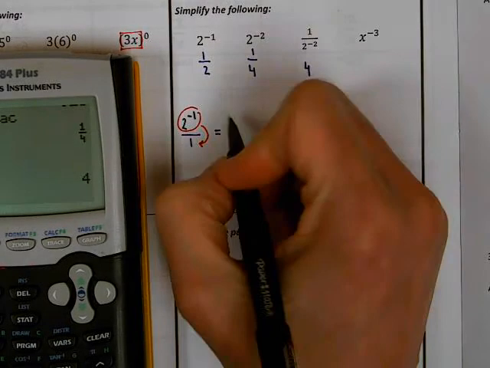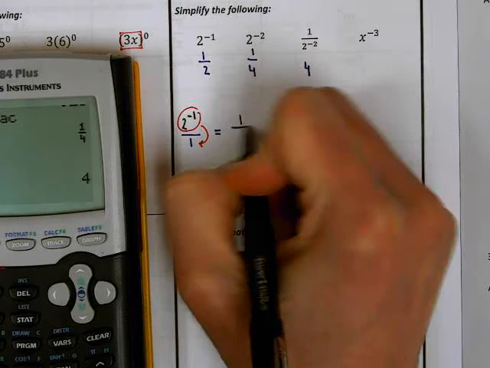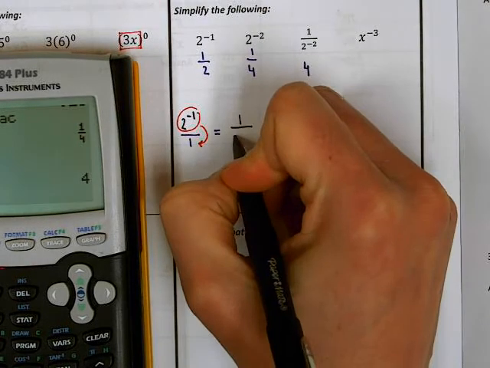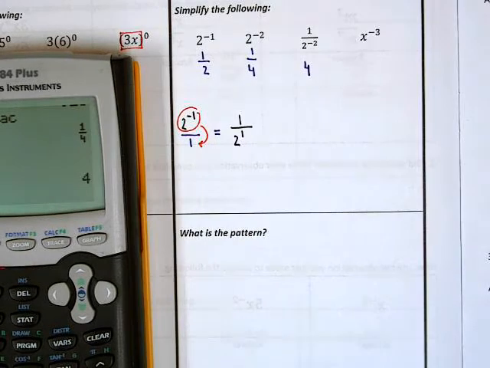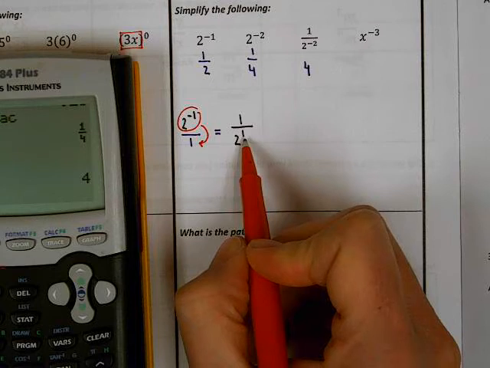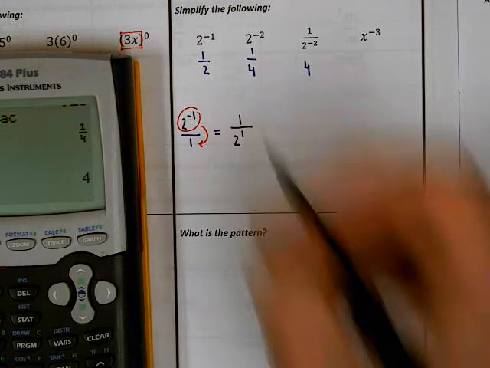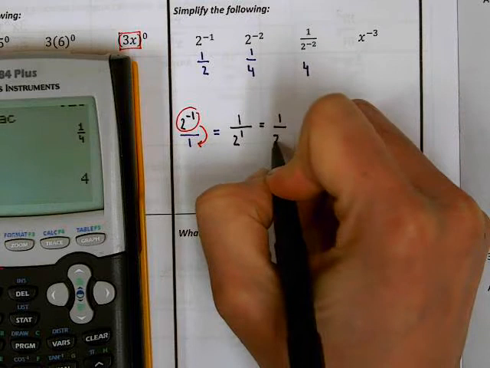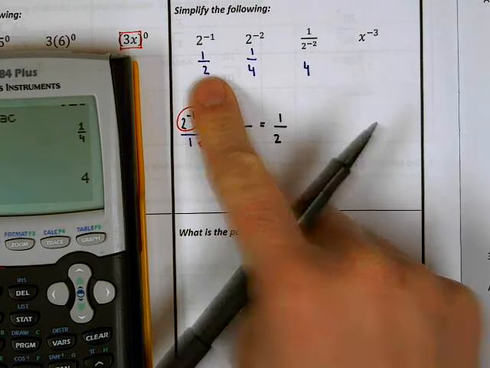Now, if I move this down, I only have a 1 on top, but by moving this down, my exponent turns into a positive 1. So what used to be negative, by moving it down, turns into a positive 1. And now I know that 2 to the first power is just 2, which is how we got 1/2.